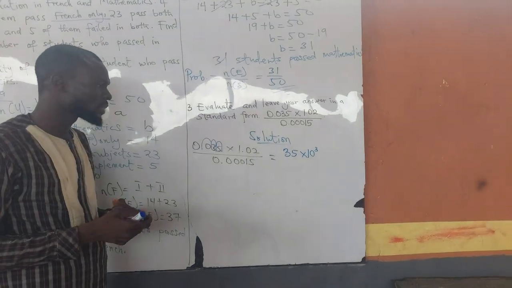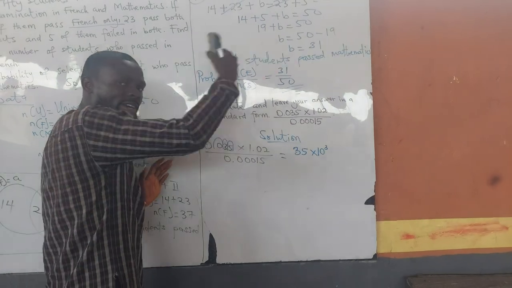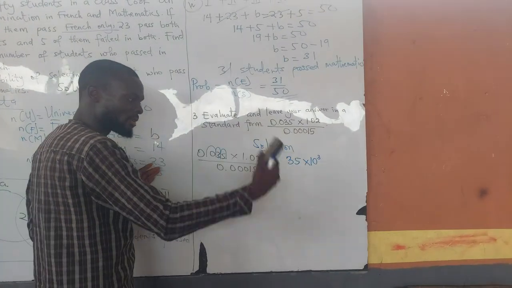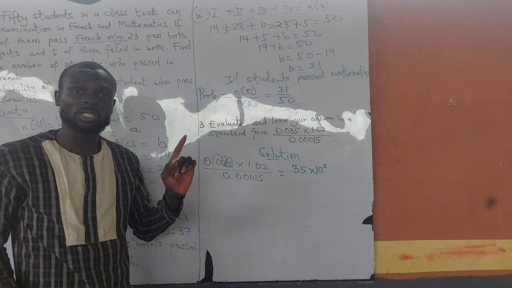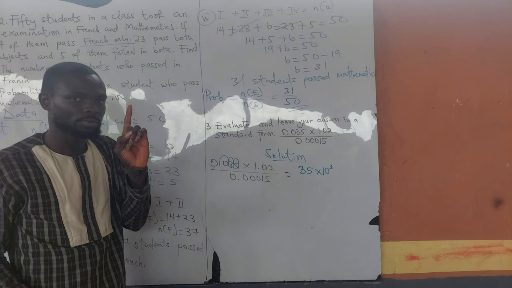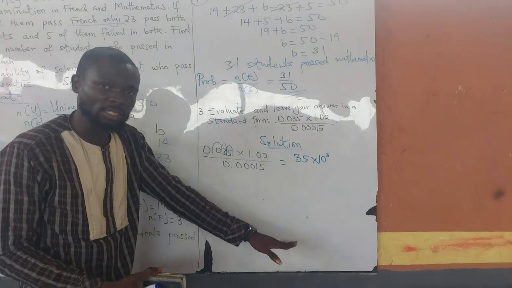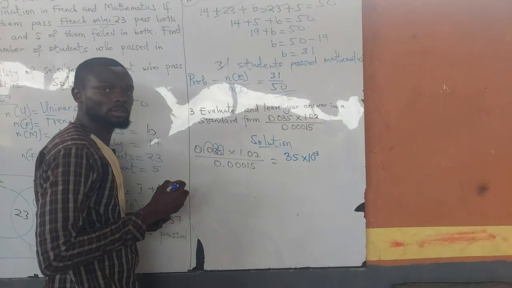But watch here. The movement was done from the left to the right. So because it was done from the left to the right, the sign here must be a negative. So this is going to give you -3.